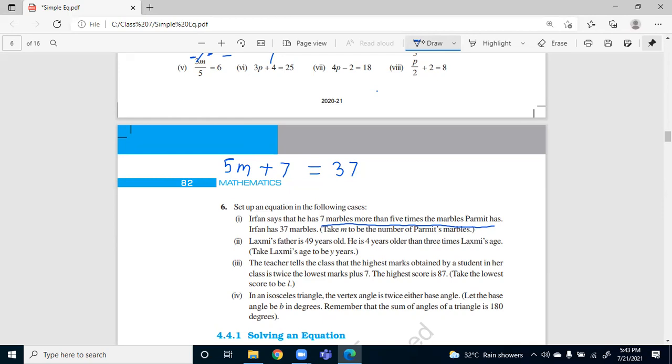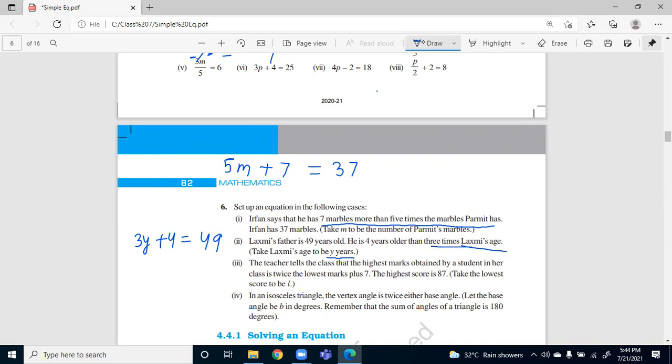Ma'am, I have done. The answer of the second part, ma'am, I think is 3y plus 4 is equal to 49. Very good, you are correct. So you have taken Lakshmi's age as y years.